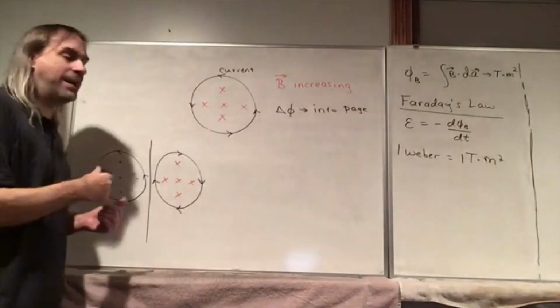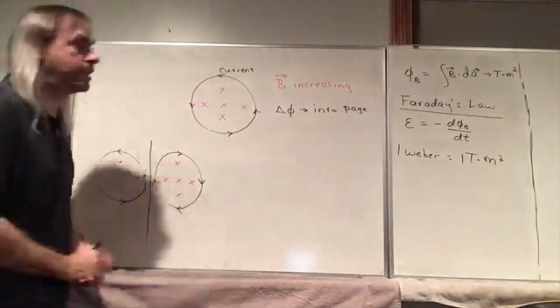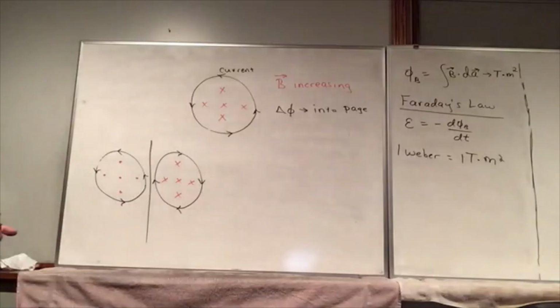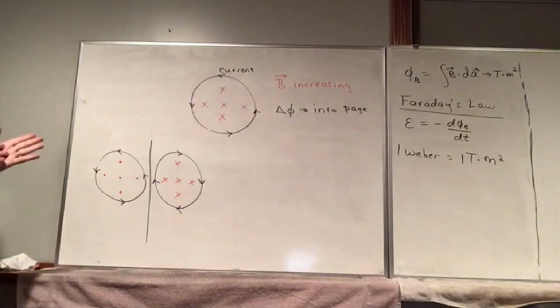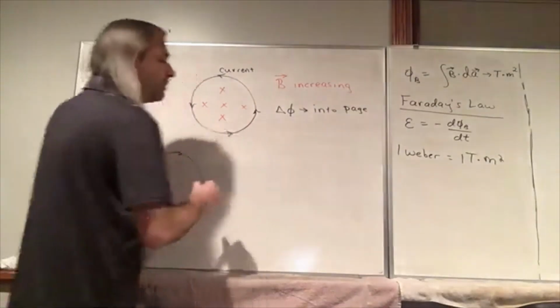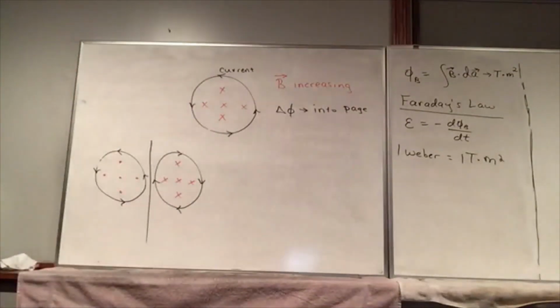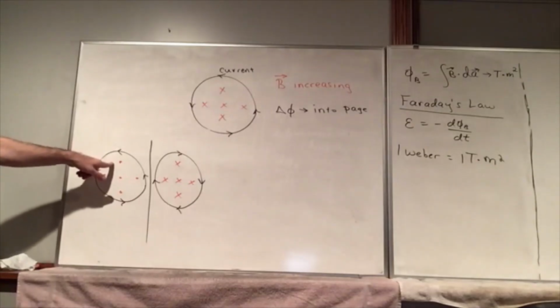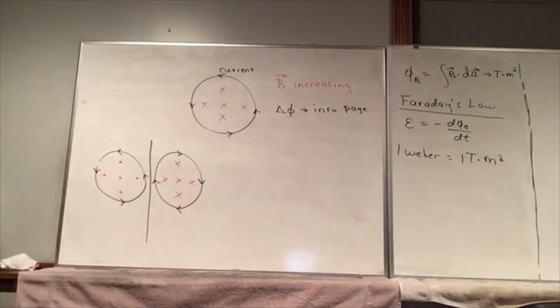And so we know that's going to create a current, because that creates an EMF, and we have a conductor here. The current is going to create a flux itself, and it's going to oppose this. So the induced current has to create a flux out of the page, which would be counterclockwise. So Lenz's law gives us the exact same answer.